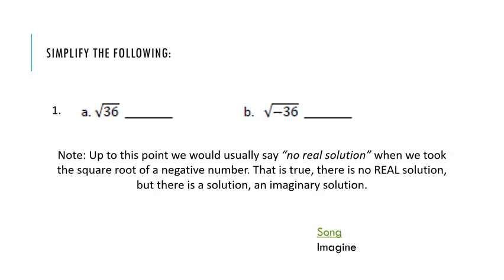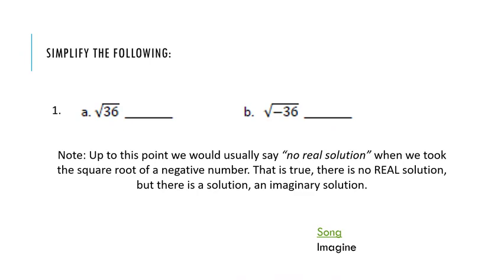Some of your teachers have talked to you about this, but this negative will come outside, leaving you with an I. We're going to treat that negative as an I. Square root of 36, now you know what the square root of 36 is. It's plus or minus 6, but now we have to include the I because it was a complex number underneath the square root.